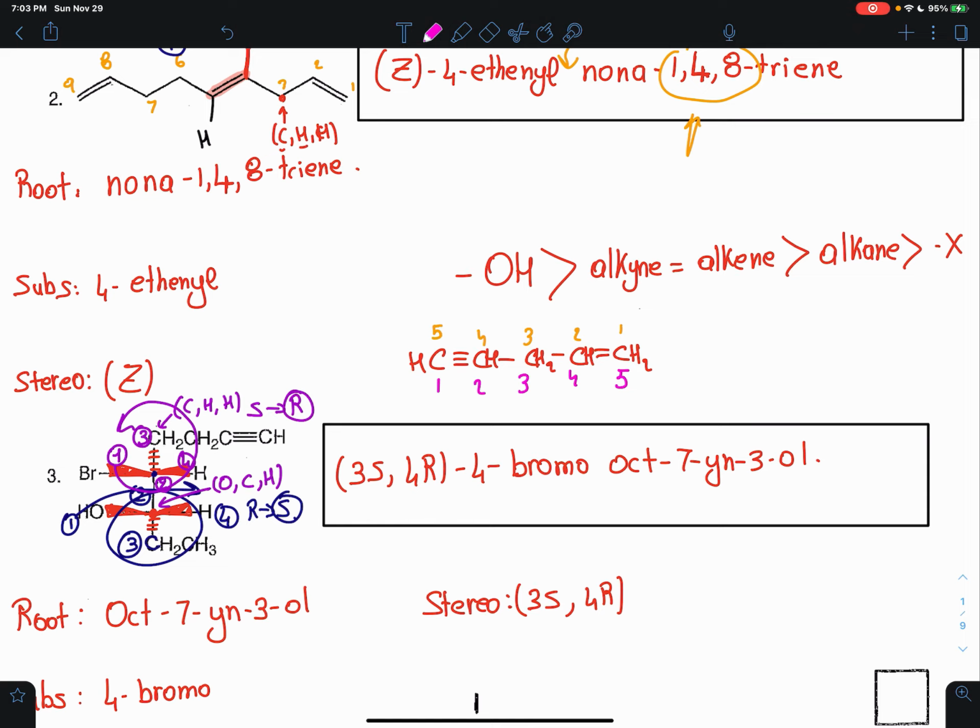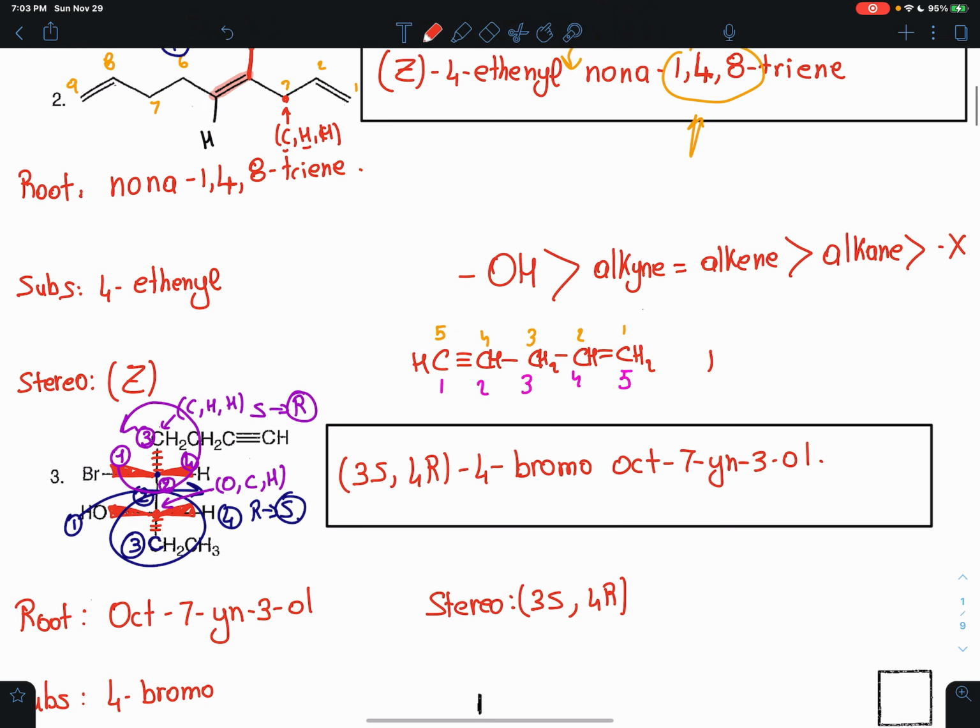How you would decide which way to count is based on alphabetical order. What I mean by that is, this is going to be a 5 carbon chain, which means it's going to start with pent.